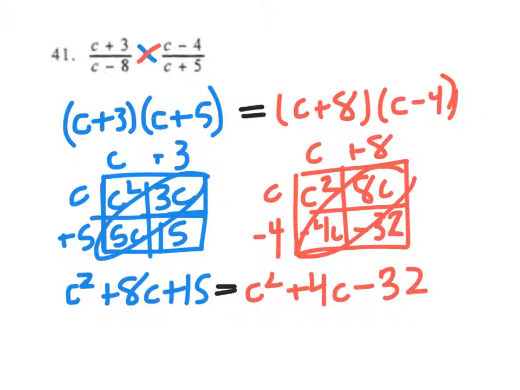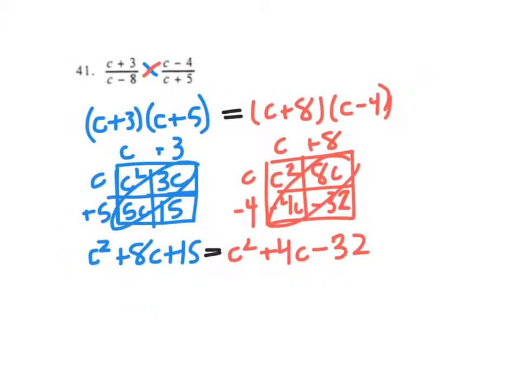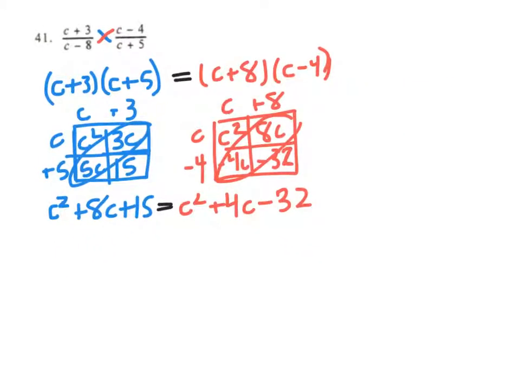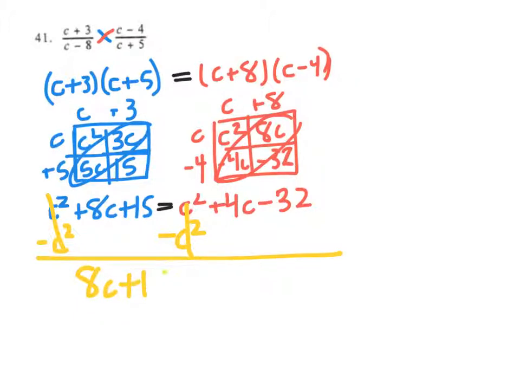I'm going to start by zooming out for a moment, making me some more room. Let's move our c squared. So I'm going to subtract c squared from both sides. When I do that, these c squareds cancel and these ones do too. So we're left with 8c plus 15 equals 4c minus 32.